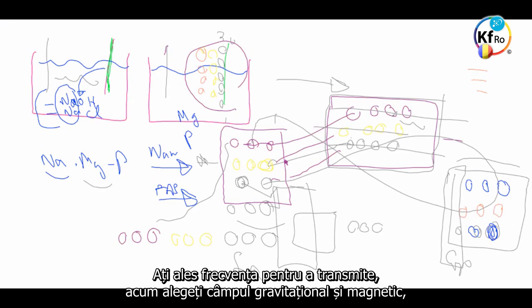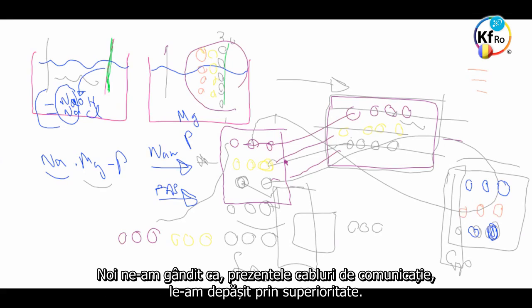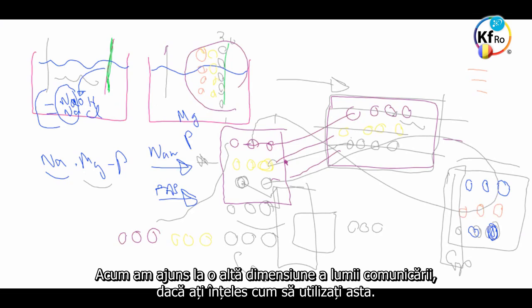Now you choose gravitational magnetic field, so anybody can use any isotopes. Hundreds of billions of people across the world out of one line can communicate. We thought with the present cables for communication, we have passed this purity. Now we come into a new dimension world of communication, if you understood how to use this.